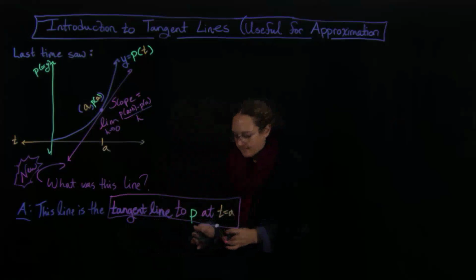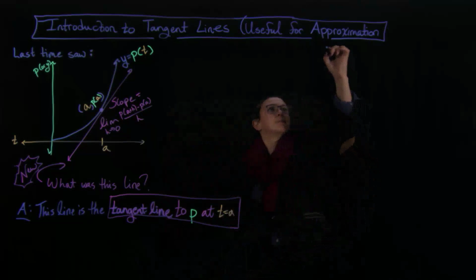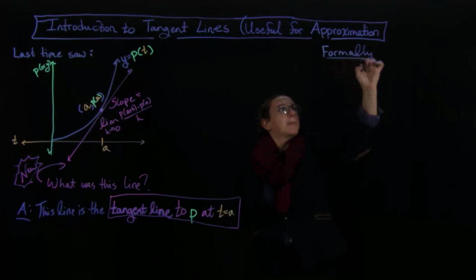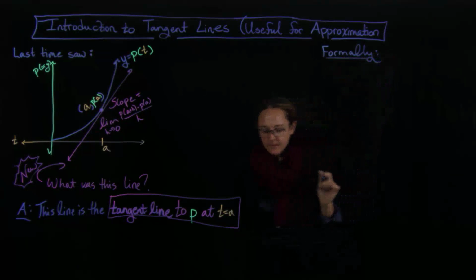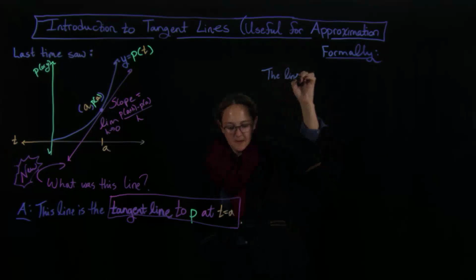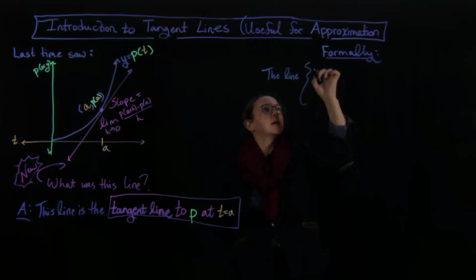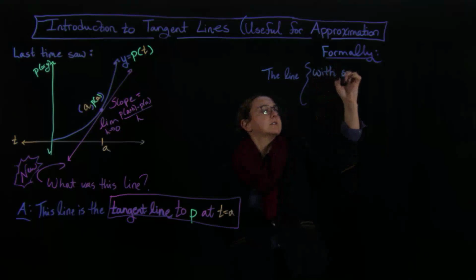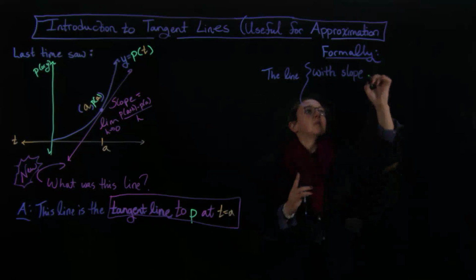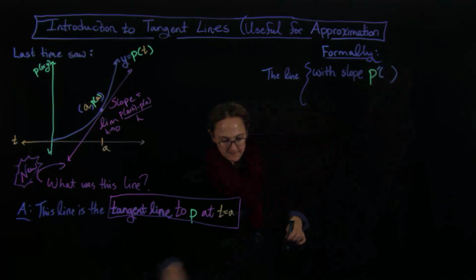So formally, what do we have going on here? What is this line? The first thing we know is that its slope is p prime evaluated at a.